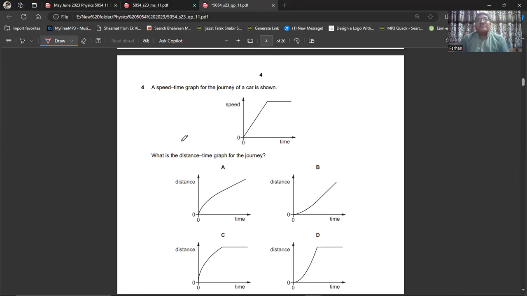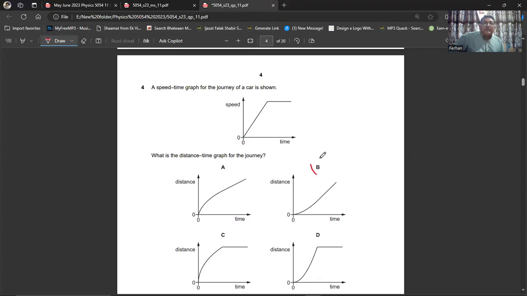And then when the speed is constant, it should be represented with an inclined straight line. On a distance time graph, first there should be a curve whose gradient is gradually increasing, and then it should be an inclined straight line.